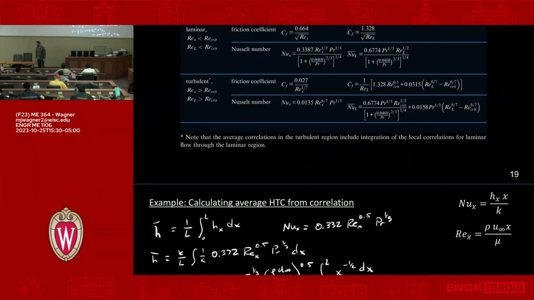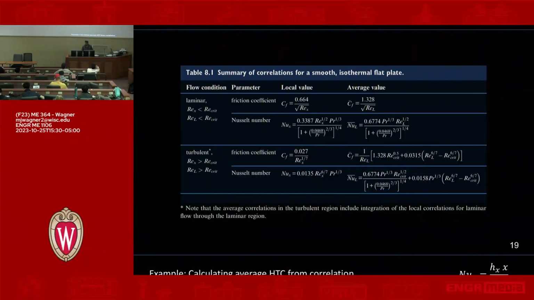So the question was about the table, where there's the local value and the average value. In the table, the local represents the local value. If you look at, say, laminar, this here would be the local value for laminar flow.